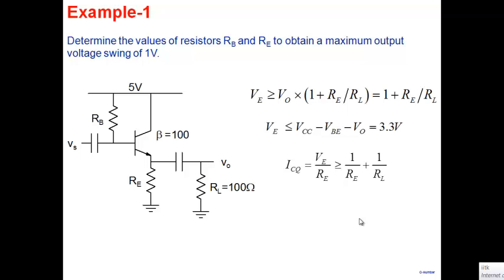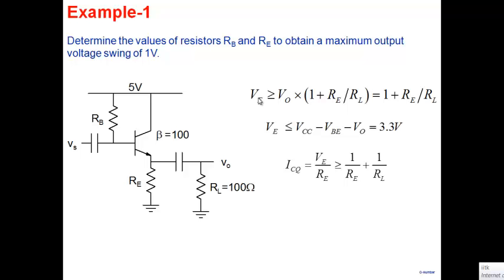All right. How should I choose my VE and how should I choose my RE? All the relevant equations are there before you. I have to choose RE. In fact, if you choose RE, then it decides VE.